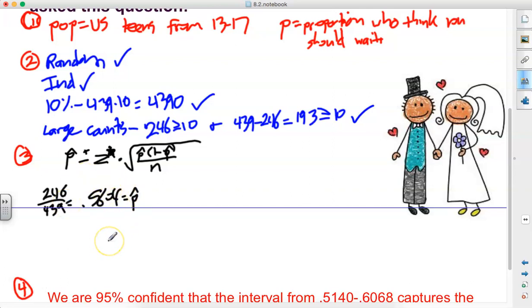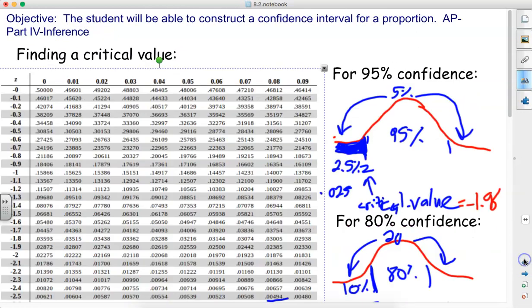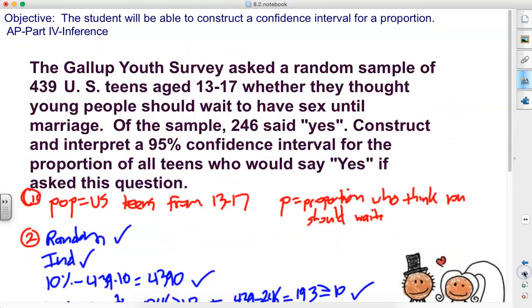So now we plug that in. 0.5604 plus or minus our Z star. What's our Z star, our critical value for a 95% confidence interval? Save yourself time, because we already figured that one out: for a 95% confidence interval, the critical value is 1.96. Remember, it doesn't have to be negative because we're going to add and subtract it.